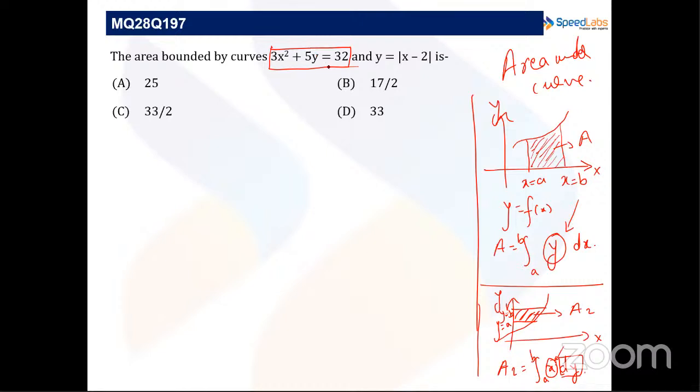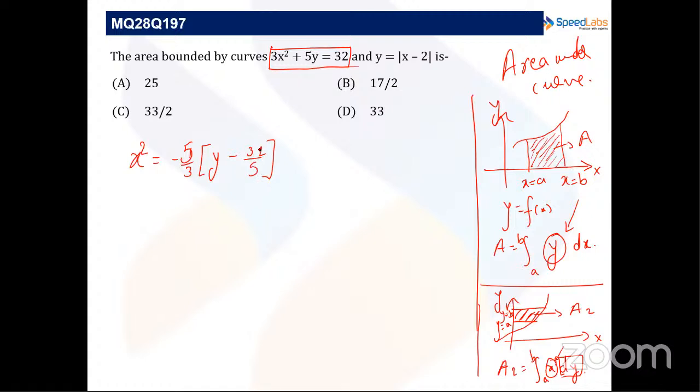So looking at the first curve, if we write it, it will be x square equals to minus 5 by 3 y minus 32 by 5.